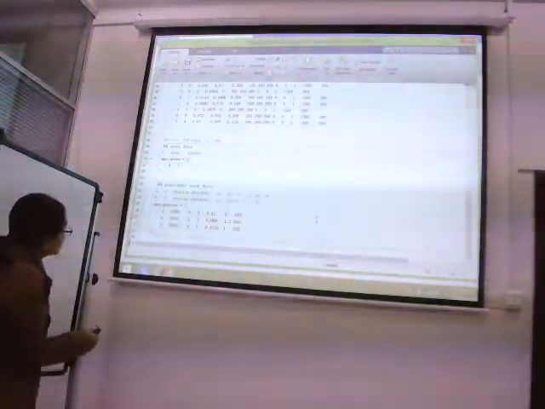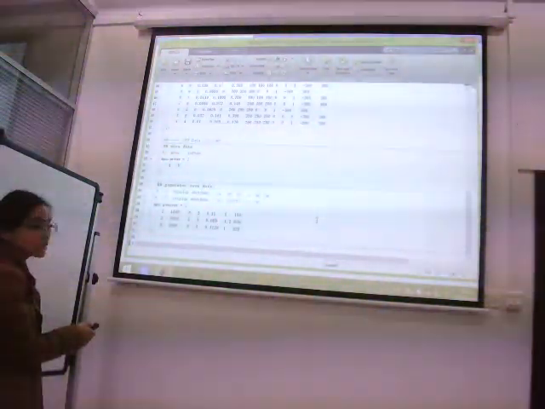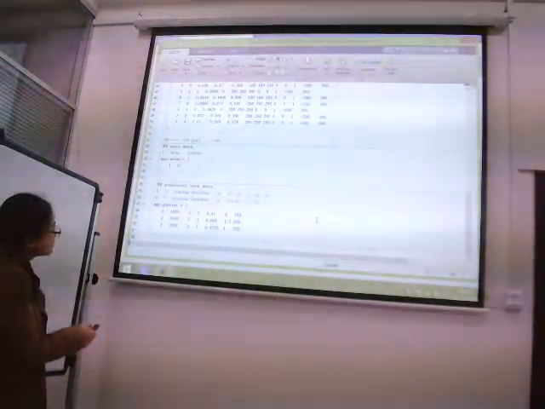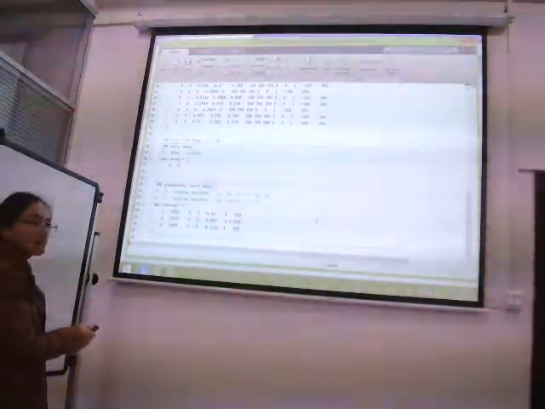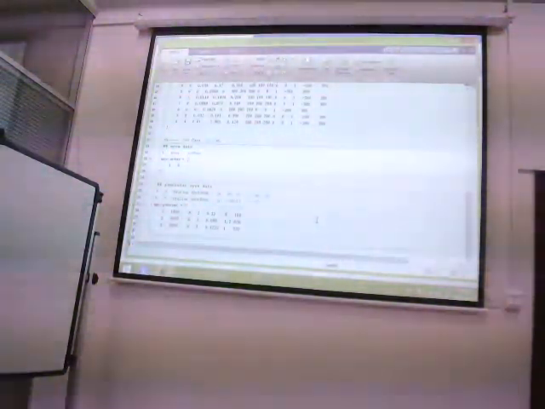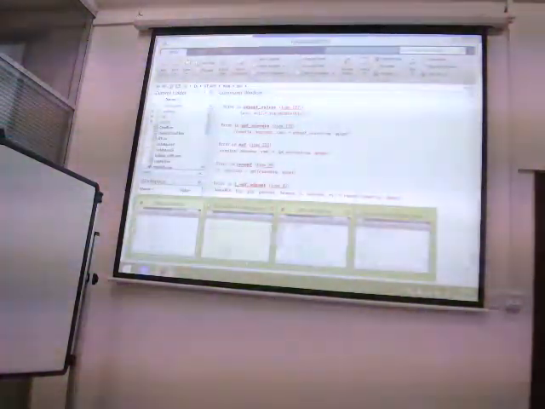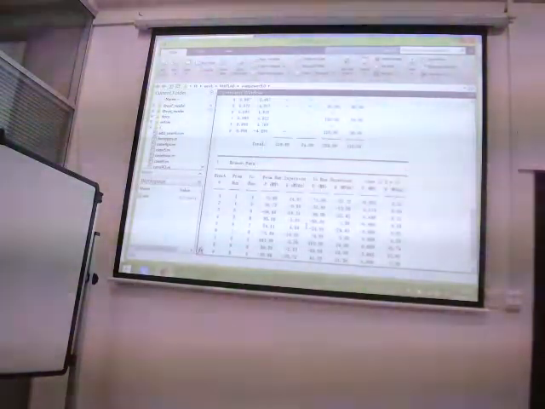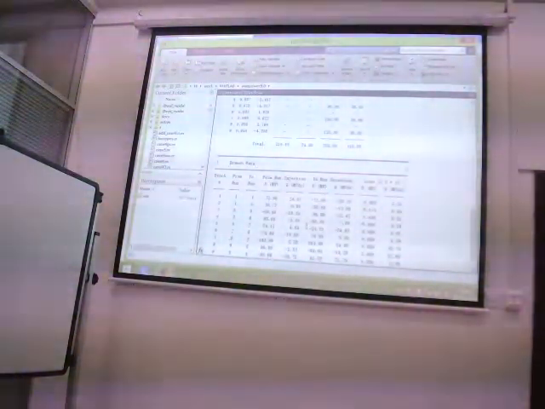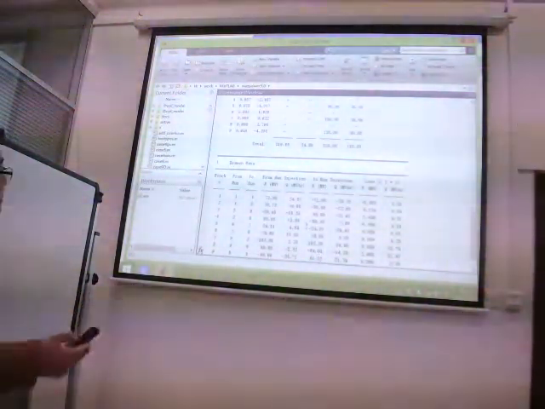You see here, generator 1 is more expensive. Generator 2 is not that expensive. But generator 3 is also expensive. We can analyze the rest of them, then you will know.